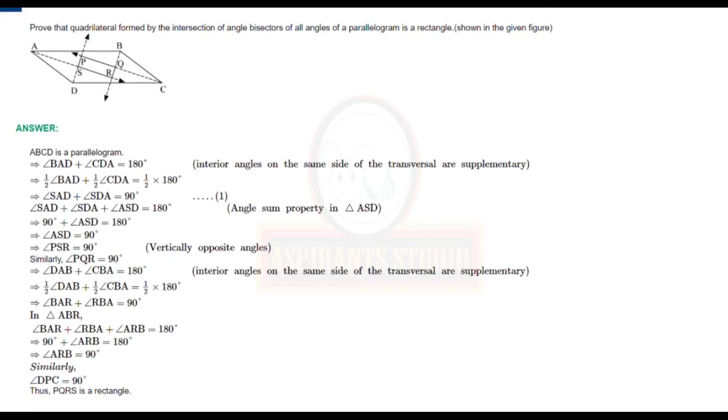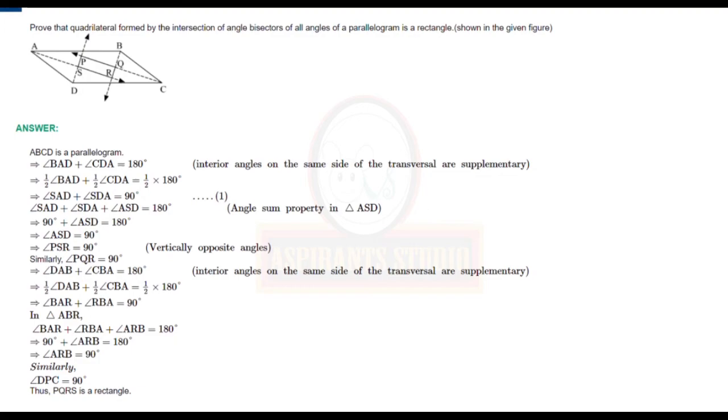But what is half of measure of angle DAB? Look at the figure. See measure of angle DAB there. Ray AS is the angle bisector of DAB. So half of measure of angle DAB will be equal to BAR. Now I am taking this angle BAR. Now half of measure of angle CBA.